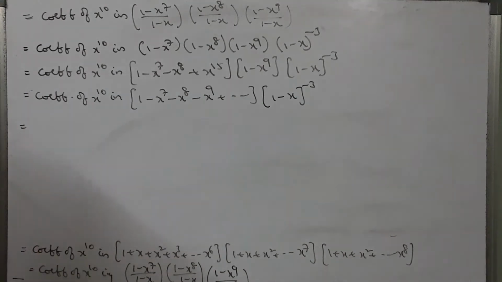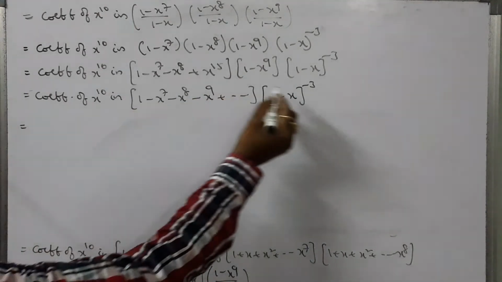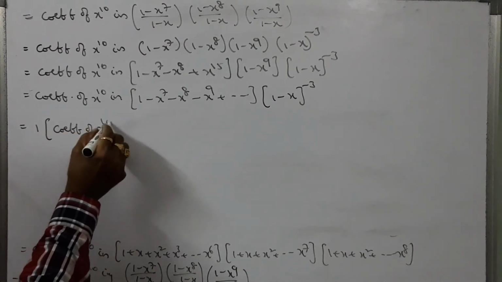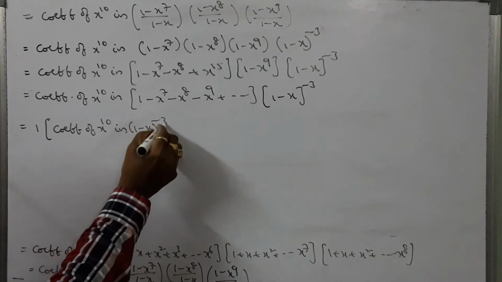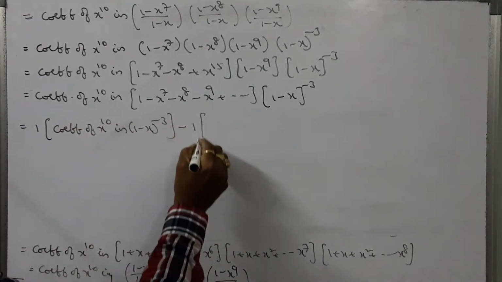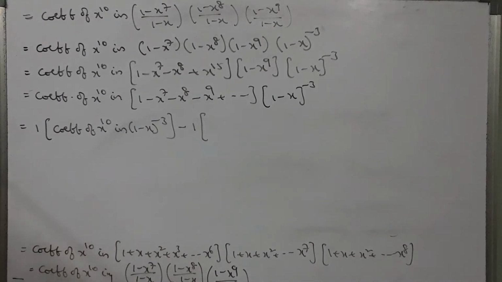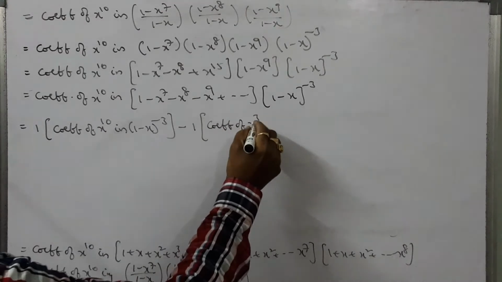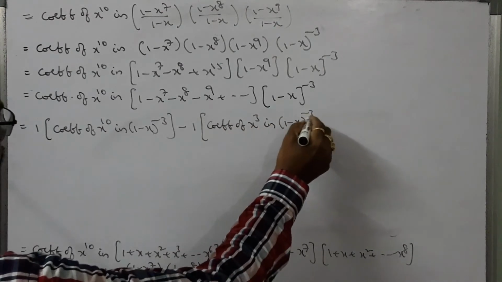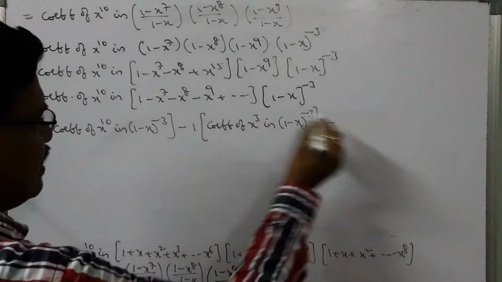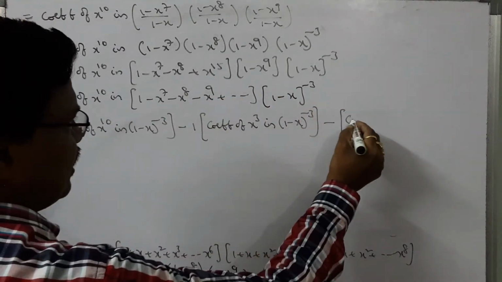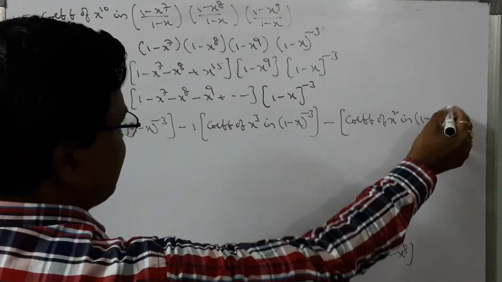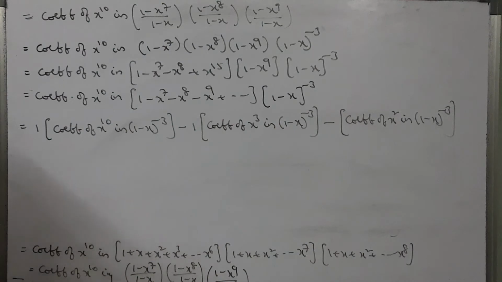Now how to get coefficient of x power 10? 1 has to be multiplied with coefficient of x power 10 in (1 minus x) whole power minus 3, minus 1 into x power 7 has to be multiplied with coefficient of x cube in (1 minus x) whole to the power of minus 3, again minus x power 8 has to be multiplied with coefficient of x square in (1 minus x) whole to the power of minus 3, and x power 9 has to be multiplied with x.